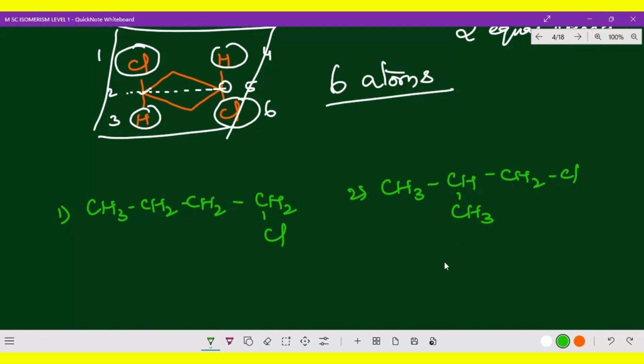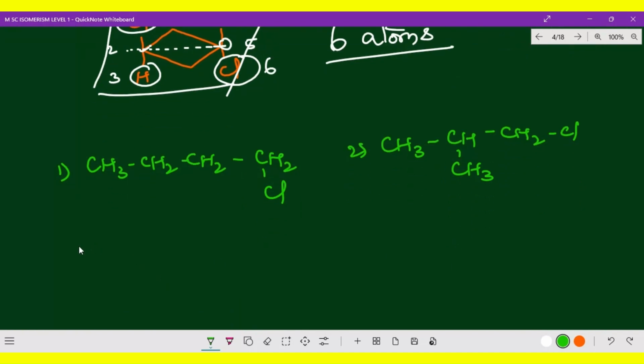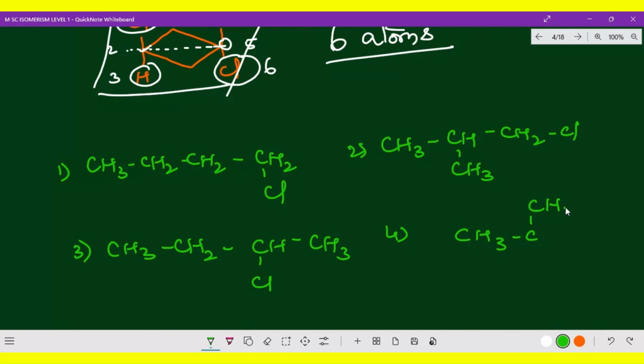The third one: CH3, CH2, CHCl, CH3. The fourth one: CH3, CH3, CH3, Cl, that is 2-methyl chlorobutane with a methyl group on the second carbon.